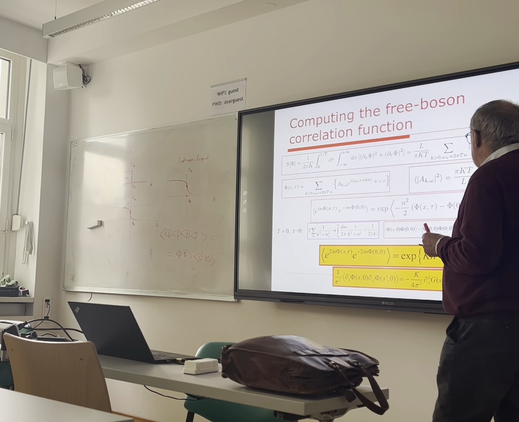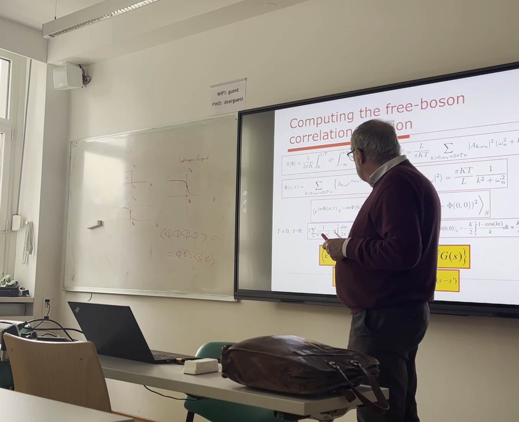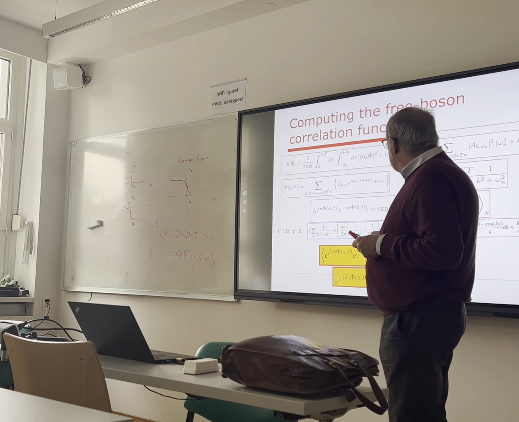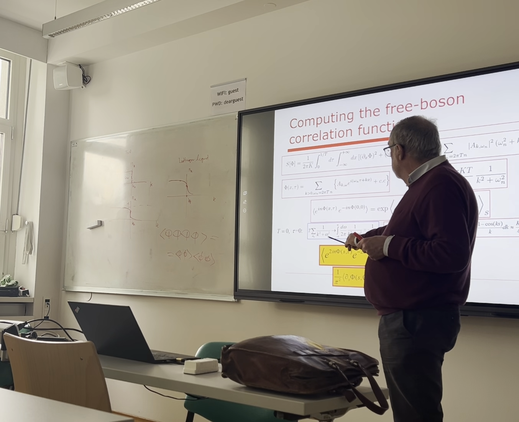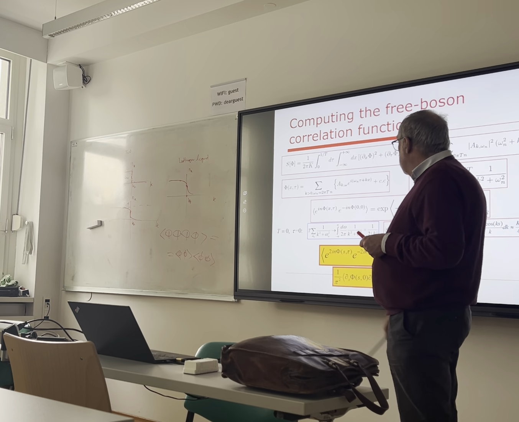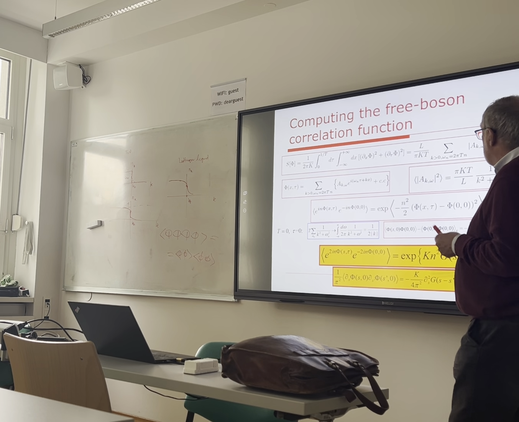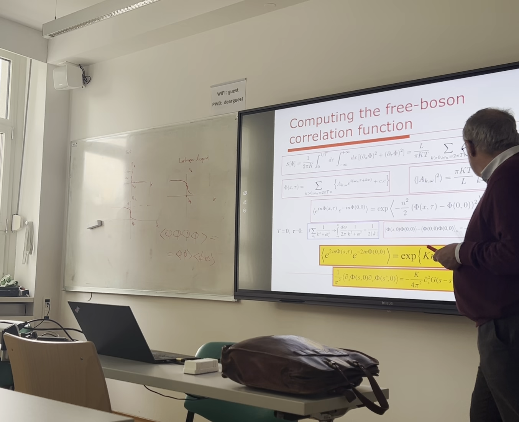It becomes not discrete. So the sum which comes from here is converted into an integral because temperature is 0. And then you compute this omega integral, and it is 1 over modulus of k.